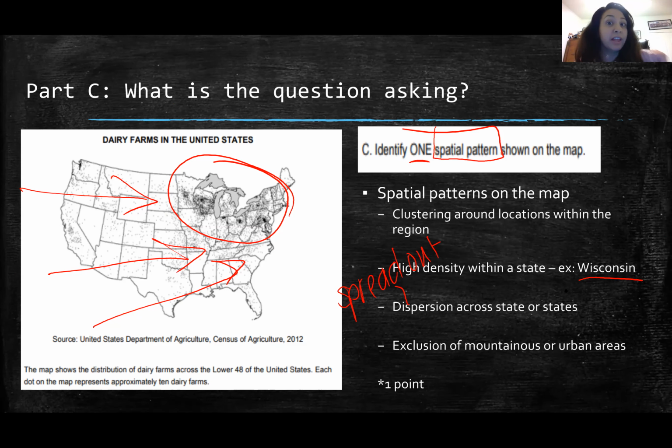You'll see them outside of LA. You'll see them outside of the area, but you're not necessarily going to see them in the middle of a big city. Okay, so the exclusion of mountainous or urban areas. Again, when it says identify one, literally any one of these things would have worked. Okay, or anything similar. Stay very close to these things though when you're looking at yours.